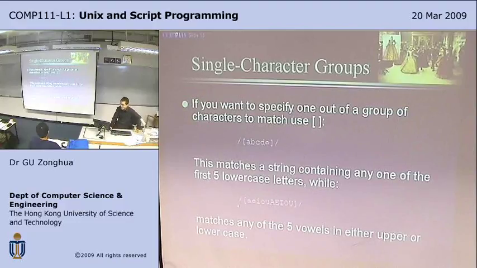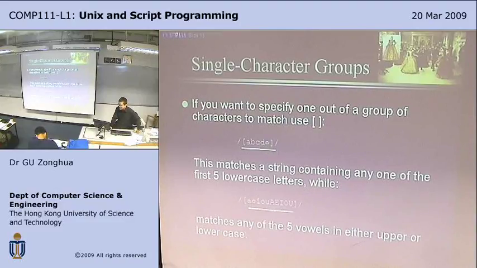If you want to specify one out of a group of characters, you use a square bracket. So this says match any one character of the 5: A, B, C, D, E. So any one of the 5 lowercase letters.